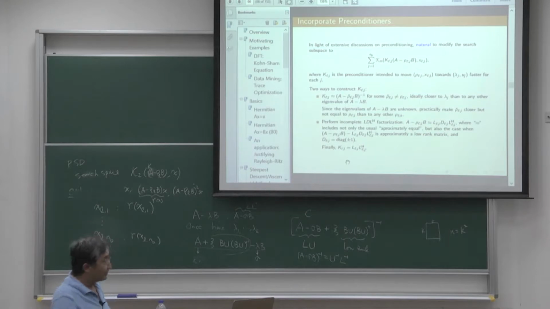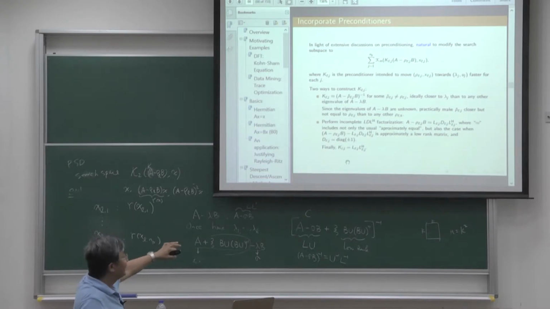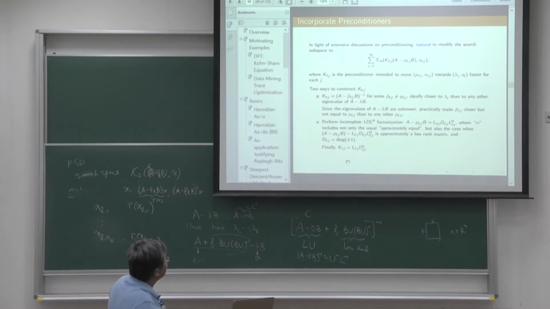So this is more general, by making k depend on the iteration index and the eigenvalue index, just for generality. In the code that I put on the web, my code is the simplest in the sense that I make k independent of the iteration index and the eigenvalue index, just to show that the idea actually works.